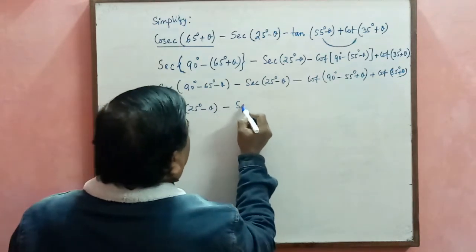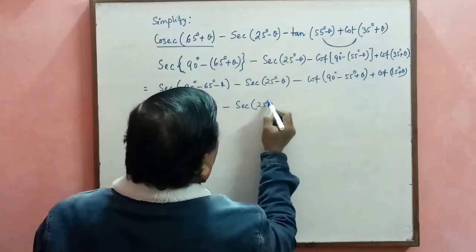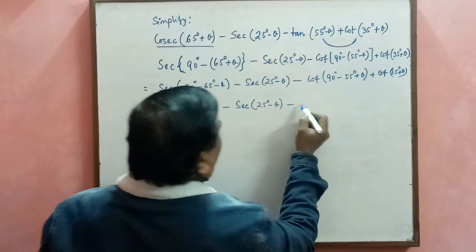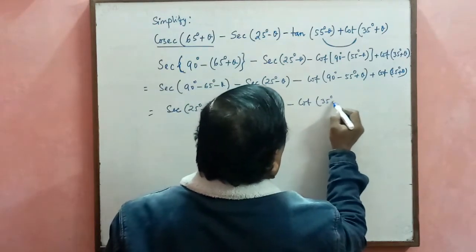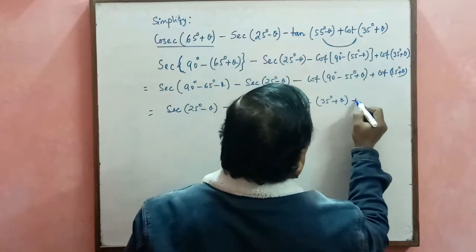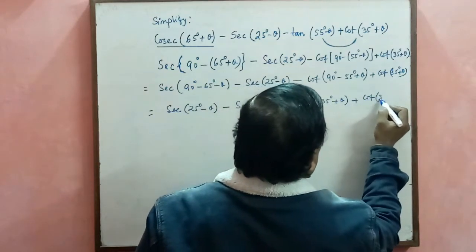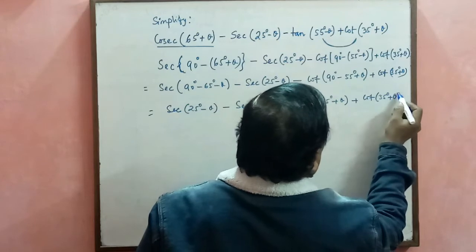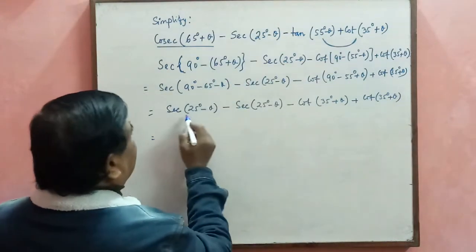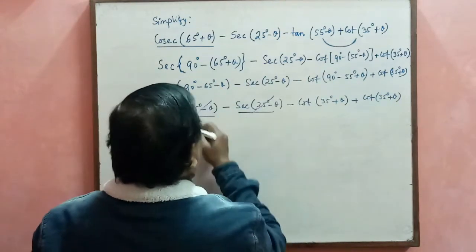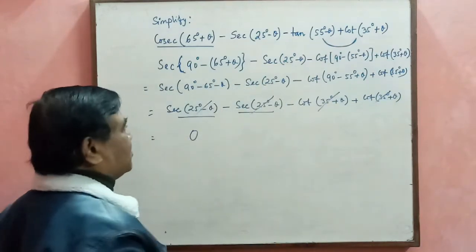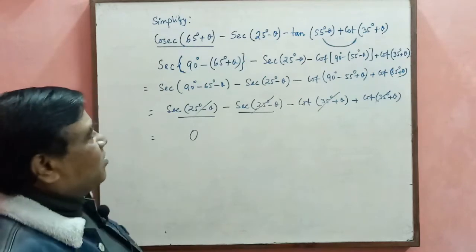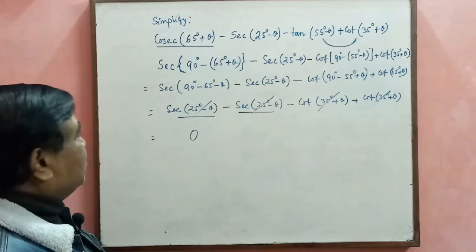This is also sec 25 degree minus theta, minus cot 35 degree plus theta. This is plus cot 35 degree plus theta. Obviously, these two are same, cancels out. These two are same, cancels out. The 0 is the answer. So this way we have the solution.